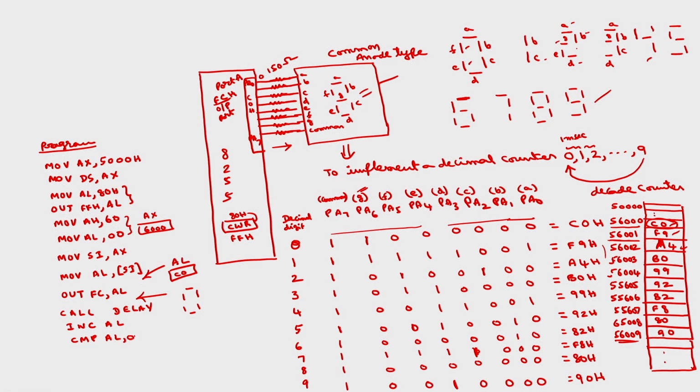So, we take one above this, 0A, jump not equal up. For 00, if you compare with 0A, it will be not equal, 01 with 0A not equal. So, after 9 also we are going to compare with 0A, this particular instruction will be false, it will come out of the loop.